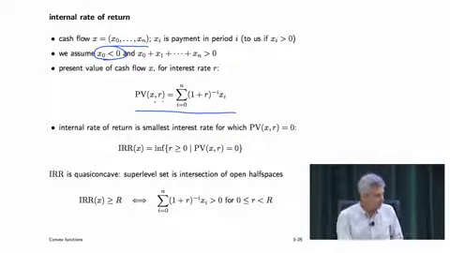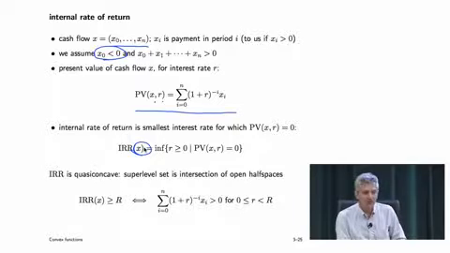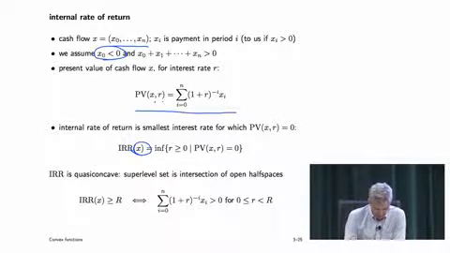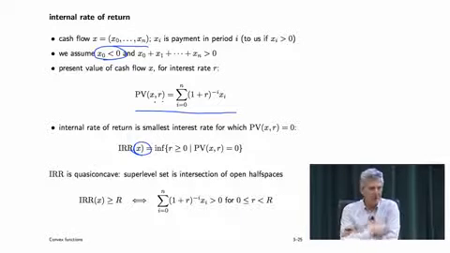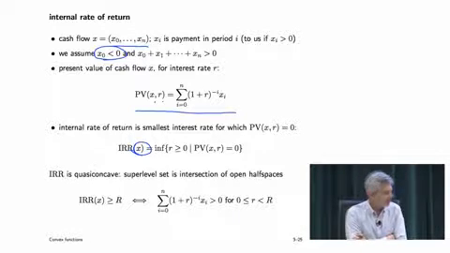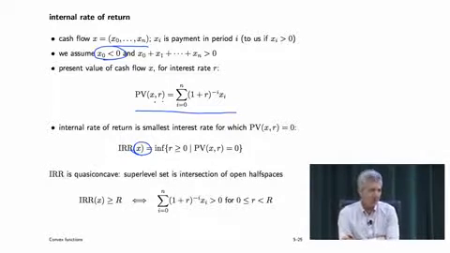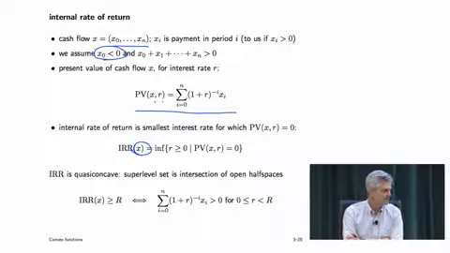Then the internal rate of return of a cash flow vector or investment sequence here is this. It's the smallest, by the way, it's not said this way because people are not clear about these things, and it's usually wrong and all that kind of stuff. But in fact, this is the correct way to say it. They say this. It's the interest rate which makes the present value 0.